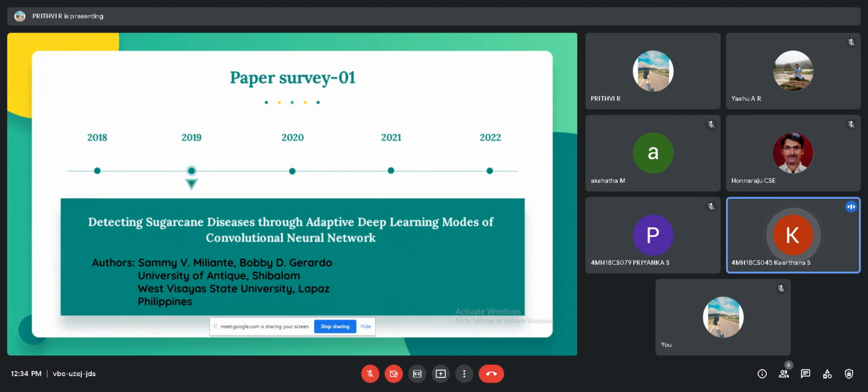Several methods have been used to counteract plant disease problems, and one of these is CNN. The CNN method is a deep learning method that uses artificial neural networks. This paper trains different CNN models to predict the type of sugarcane disease based on features of leaves and compares them to find the best model in detecting and recognizing the disease.